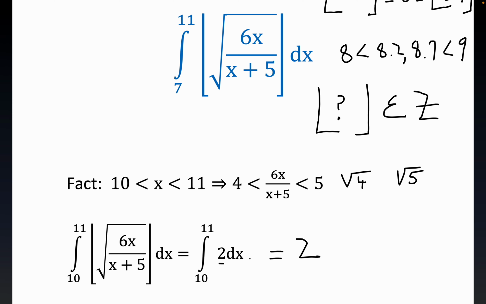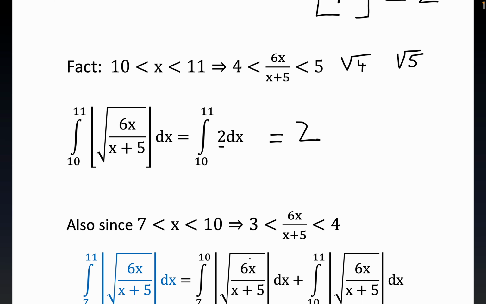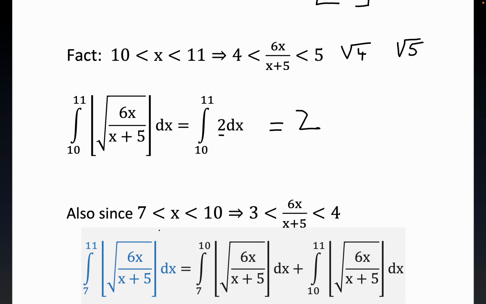Similar reasoning leads to this truth for x between 7 and 10, the other part of the limits of integration. That forces 6x over x plus 5 to be trapped between 3 and 4. The square root of 4 is equal to 2, excuse me.